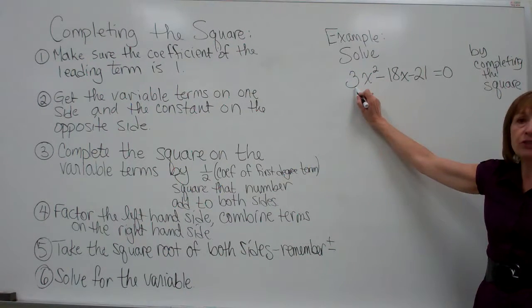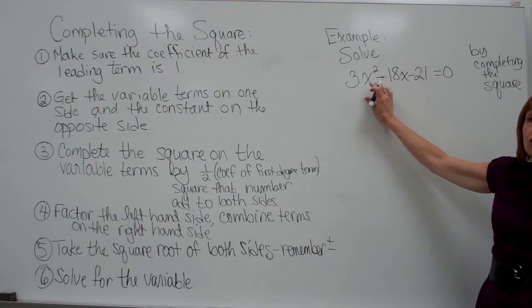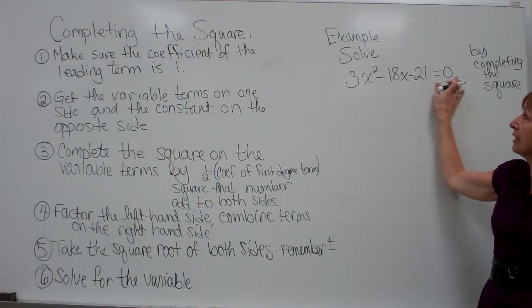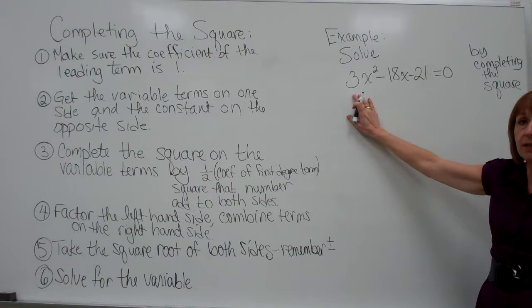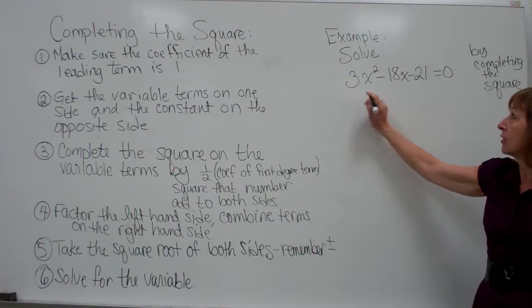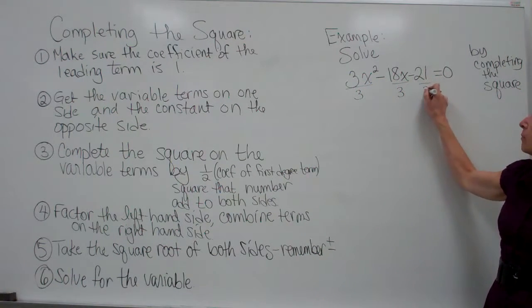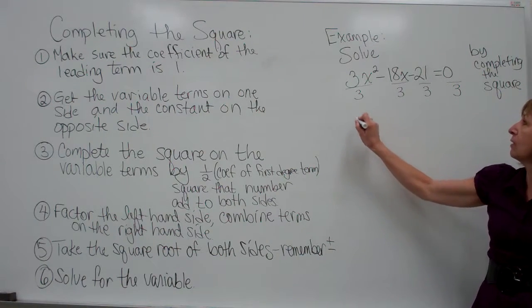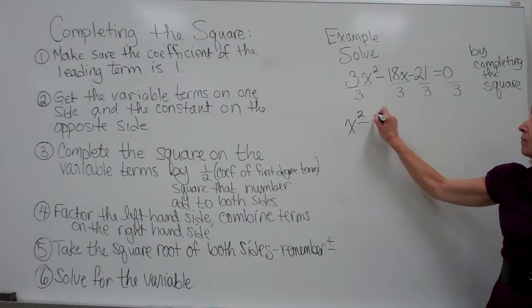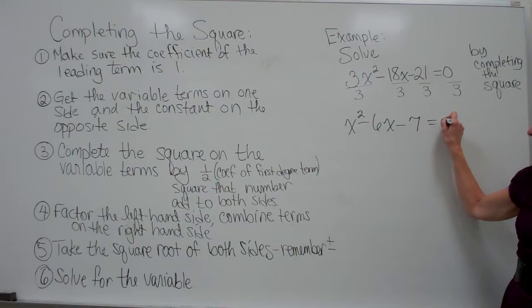Since currently the coefficient in front of my x squared term is 3, and I have an equation that has a left side and a right side, I can actually just go through and divide everything through on both sides by 3 so that I get a coefficient of 1 in front of my x squared term. So we're going to divide both sides by 3, which means every term on both sides of the equation will get divided by 3. So that gives me the equation x squared minus 6x minus 7 is equal to 0.